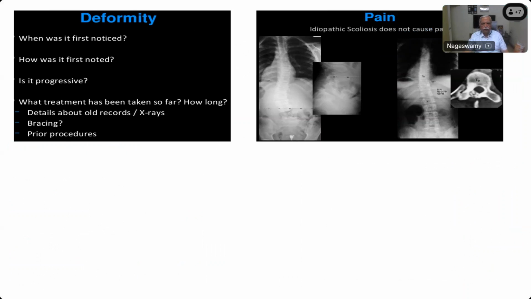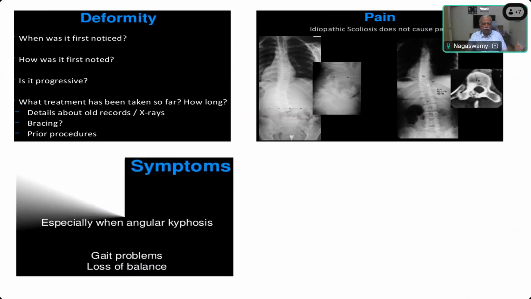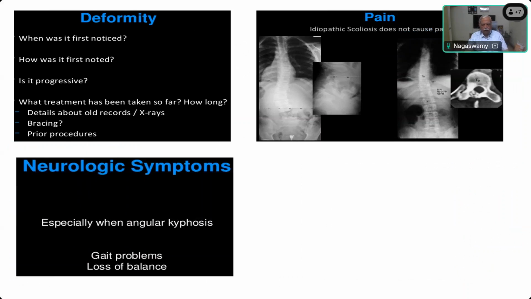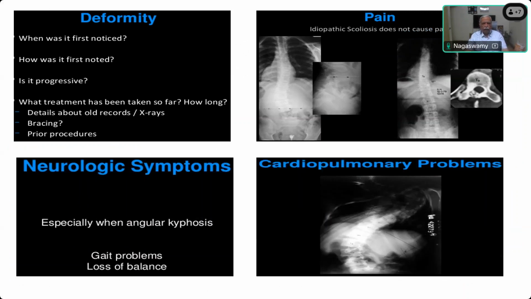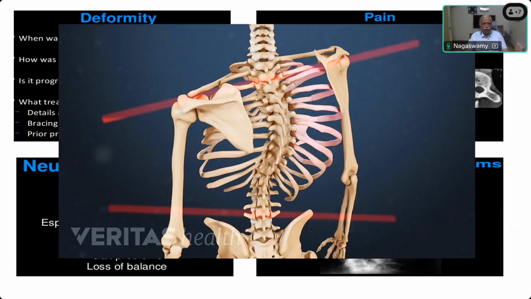So if it is associated with pain, then there may be an underlying neurological pathology or a neuromuscular disease. And any neurological symptoms, especially in angular kyphoscoliosis, whether any gait problems, does the patient have difficulty in walking or loss of balance, and you must ask for any cardiopulmonary problems. So these are all the questions that you need to ask.